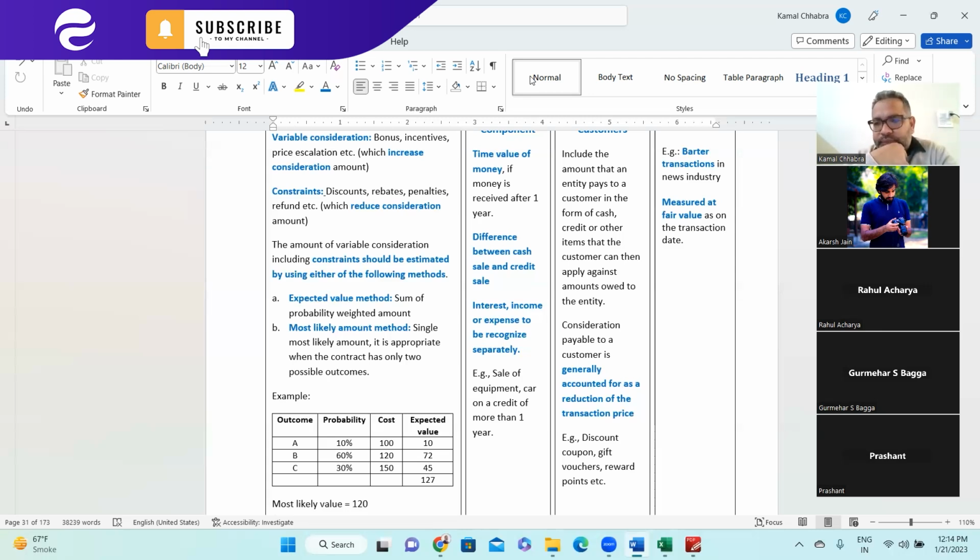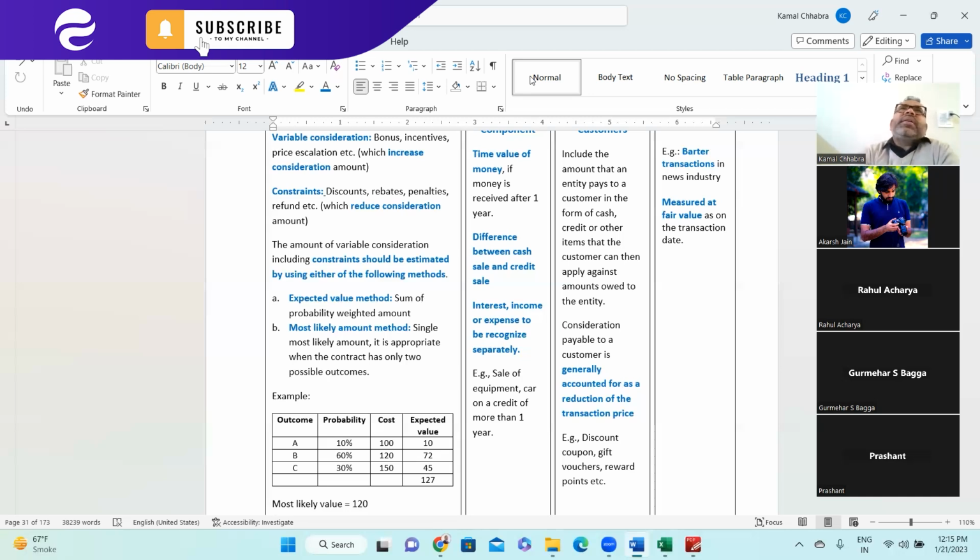Whosoever avails the benefit will get a 50% discount. That is very much straightforward. If the probability is that people would be availing the benefit and the price is fixed, then you can use the most likely method.